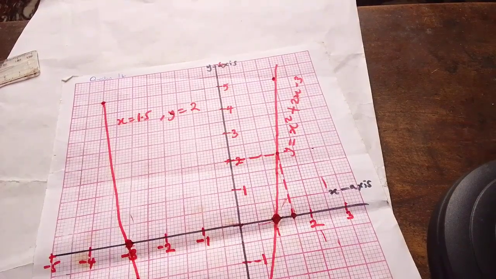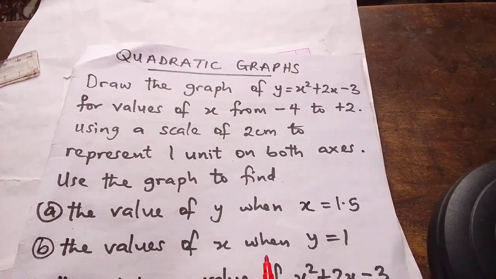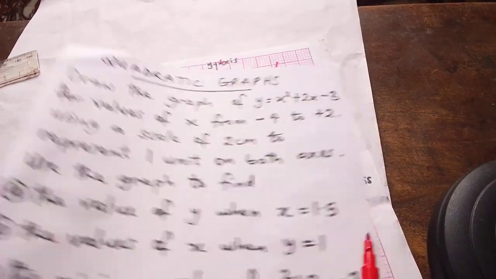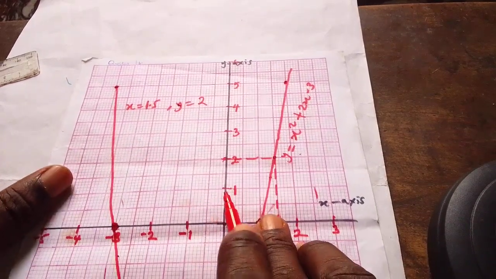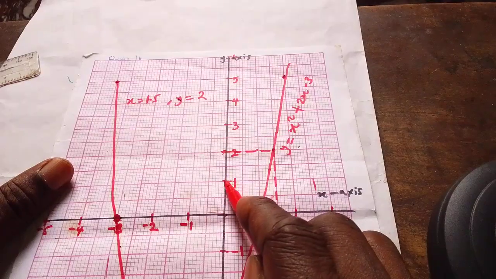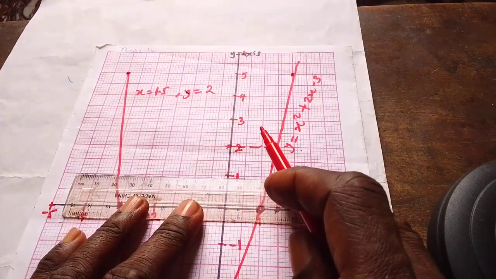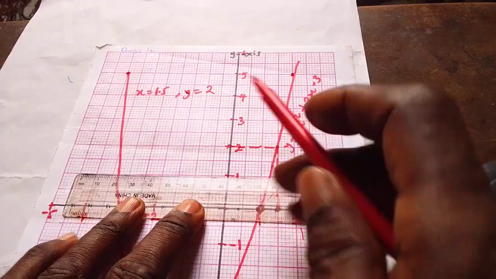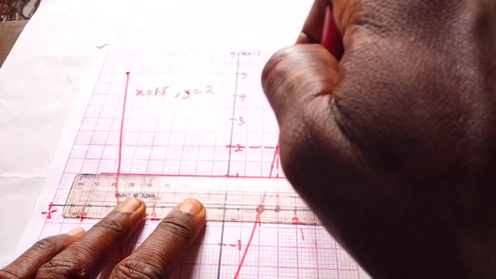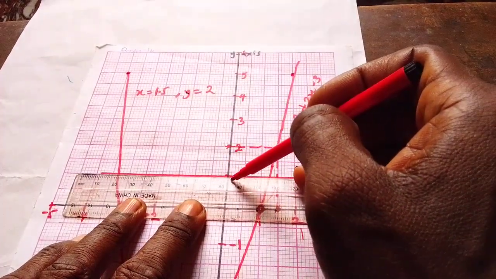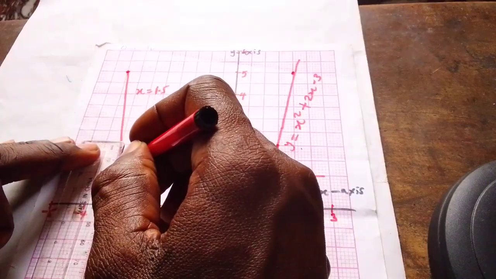Then the B part of the question says, the value of x when y is plus 1. Look at it, this is the graph, and y is plus 1 here. So you draw a horizontal line on this point to where it will cut the graph. Wherever it cuts the graph, you trace it to the x-axis.